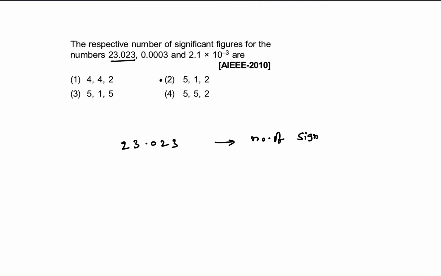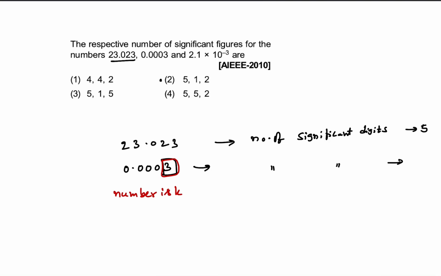I am writing one by one. 23.023, you can see the number of significant digits is 5. Next, if you take 0.003, the number of significant digits is only one digit.